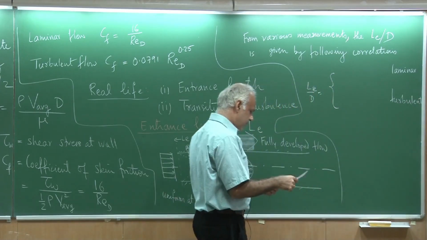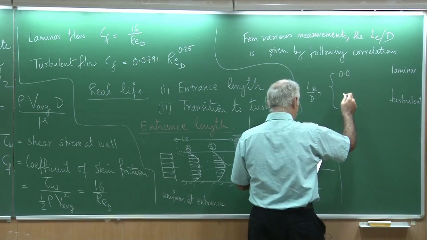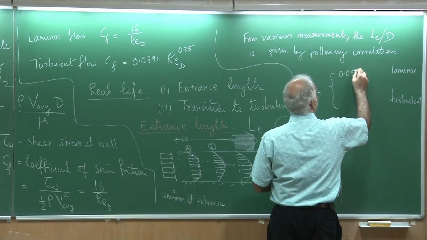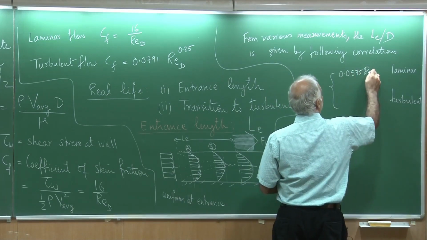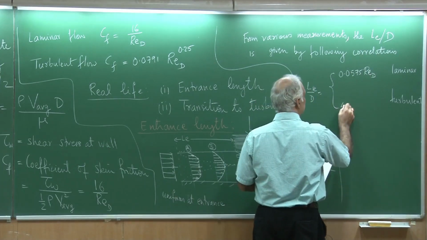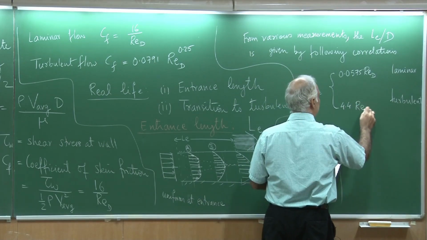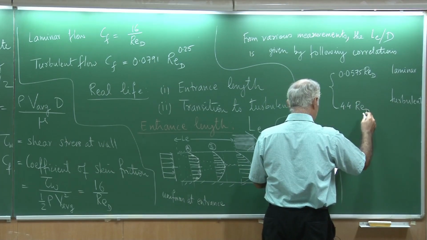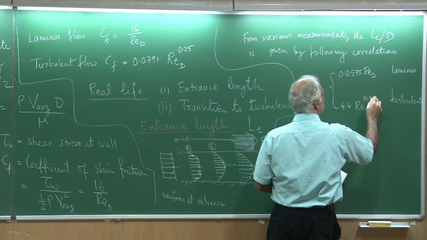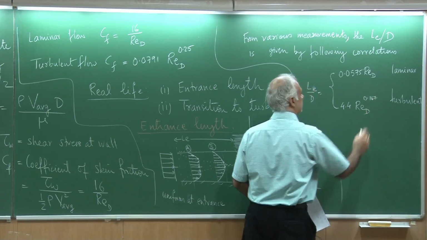For laminar flow it is essentially 0.0575 Re_D, and for turbulent it is 4.4 times Re_D raised to 0.167.